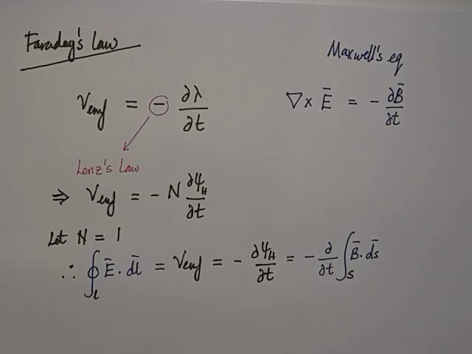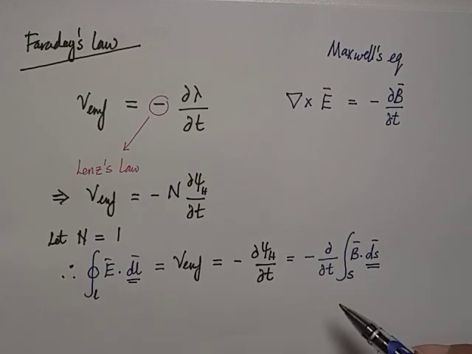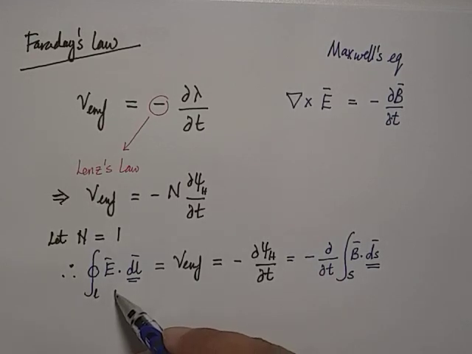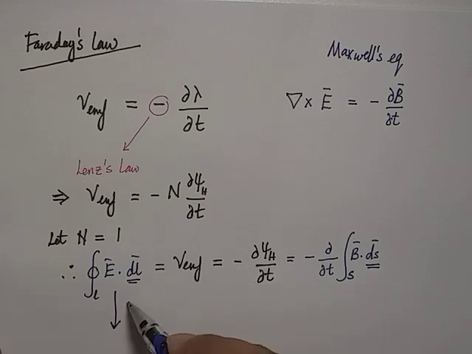So we need to adjust the equation so that both sides are represented in the same format of integration. If the right-hand side is integrated with respect to surface, we would like to convert the line integration into surface integration. How are we able to do it? To convert from line integration to surface integration, we have to use what is known as Stokes' theorem.